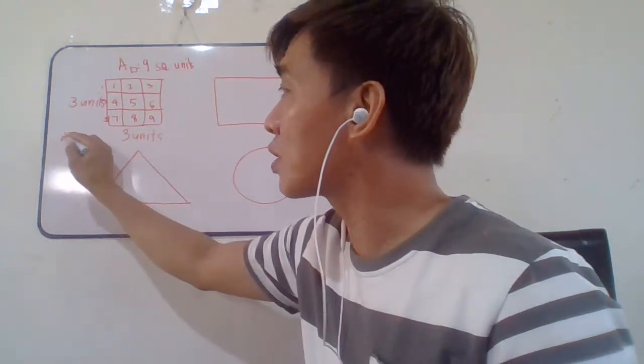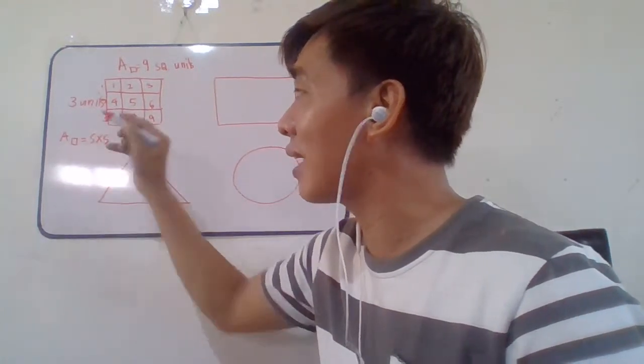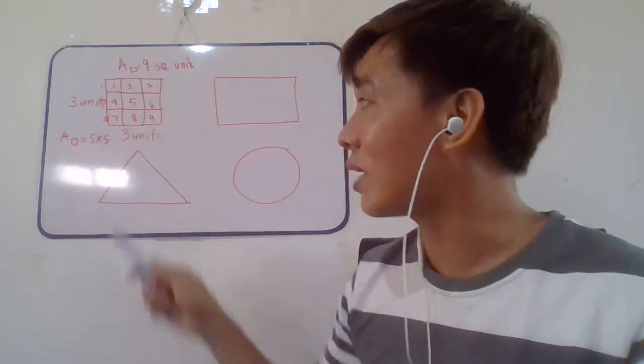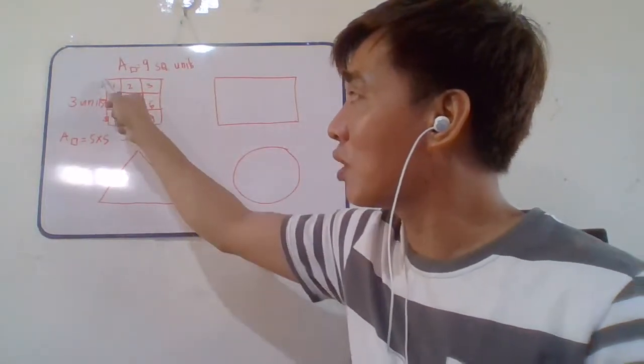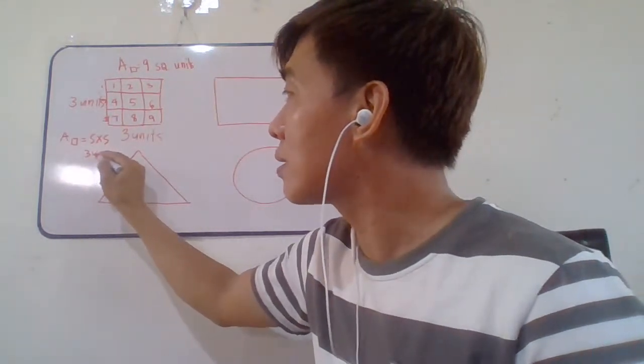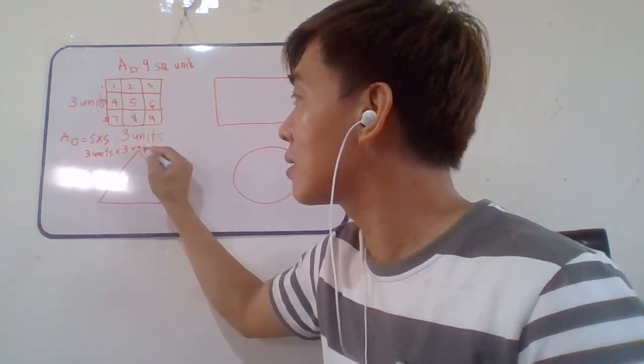Now, of course, the shortcut that we learned is that if we are solving for the area of the square, you just multiply side times side. The side here is 3 units, multiply it by the side here, 3 units. So, 3 units times another 3 units.